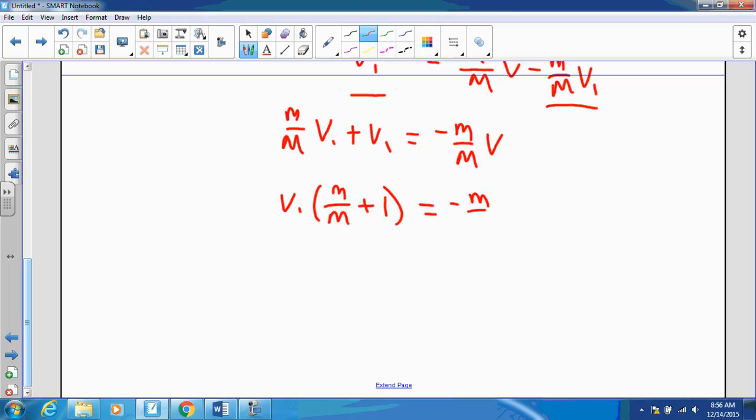And a little bit of factoring, because factoring is our friend. And this gives us V1 is equal to that right there. What do you think about the form of this answer?